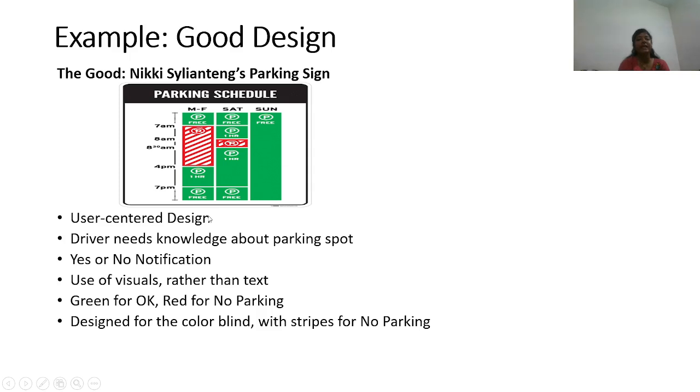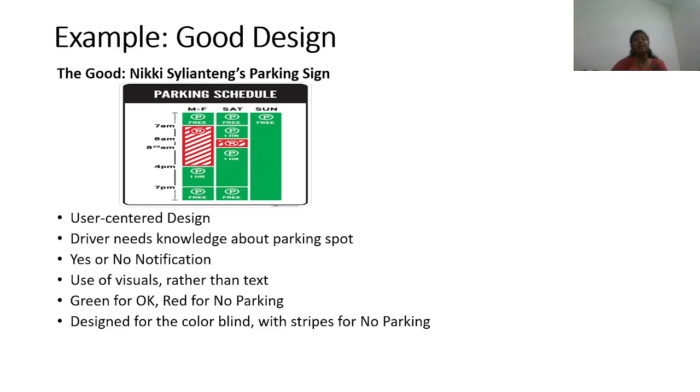Here you can see that it is a user-centered design. User focus is considered here, and the time the user takes to see the parking schedule will be less as it is represented properly.